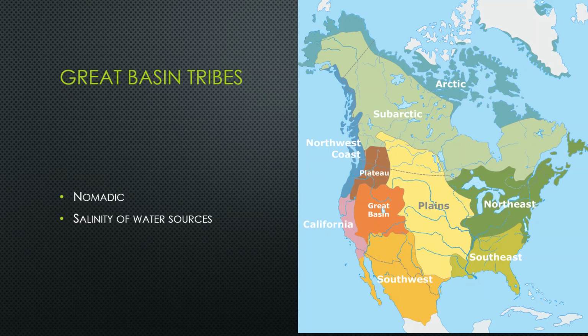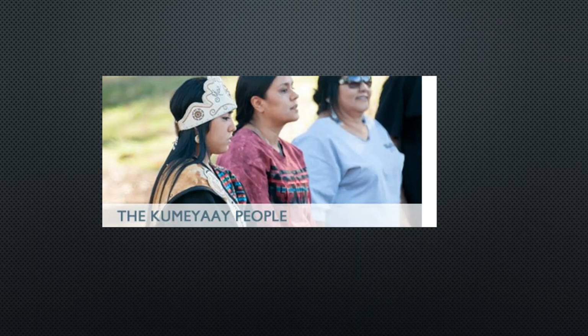And so the Great Basin tribes were more nomadic and were affected more in later periods and less so by the mission period that we're going to talk about in the next part.